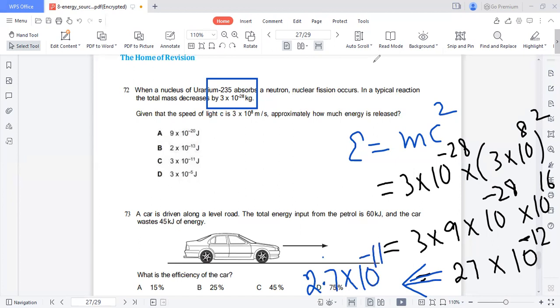So 2.7 can be approximated as 3. So our possible answer is 3 times 10 to the power minus 11. This is the answer.